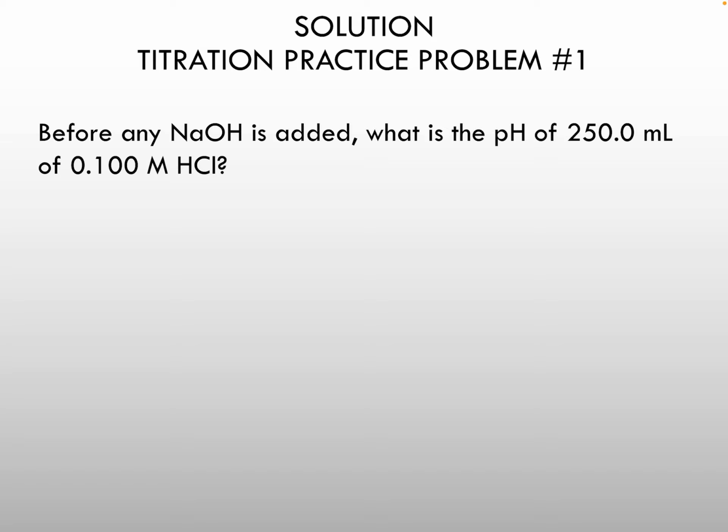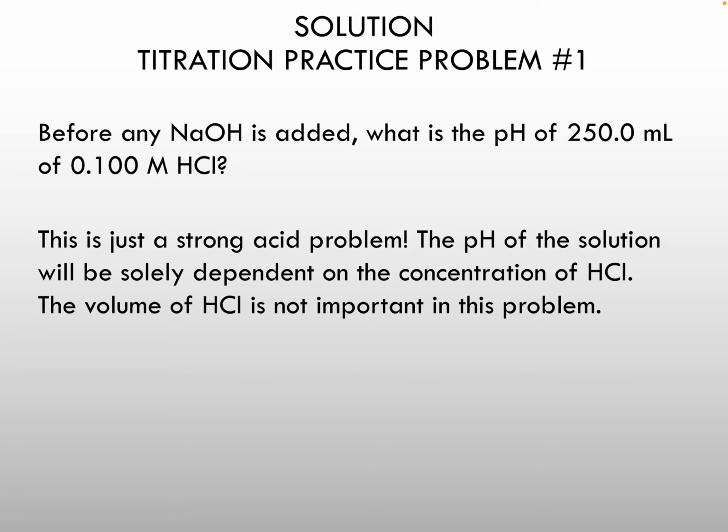So before any sodium hydroxide is added, what is the pH of 250 milliliters of 0.1 molar hydrochloric acid? Okay, so right now, we haven't added any sodium hydroxide. So we're just going to calculate the pH of the solution based on the concentration of the hydrochloric acid. So we don't even care how much hydrochloric acid we have, because if you'll recall, pH is just equal to the negative log of the concentration of H3O+.